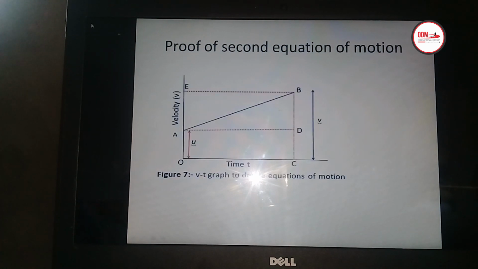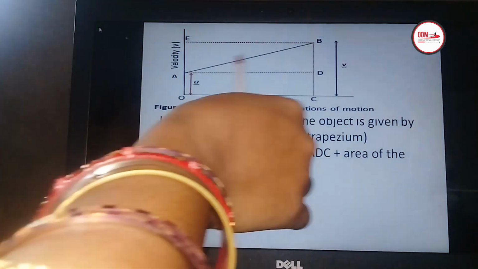Similarly, we can prove the second equation of motion from the same graph. But in the first equation, we had taken acceleration as the slope of the graph AB. In the second equation, we have to find the displacement, which will be the area under the graph AB. From this graph, the area under the graph AB is a trapezium.